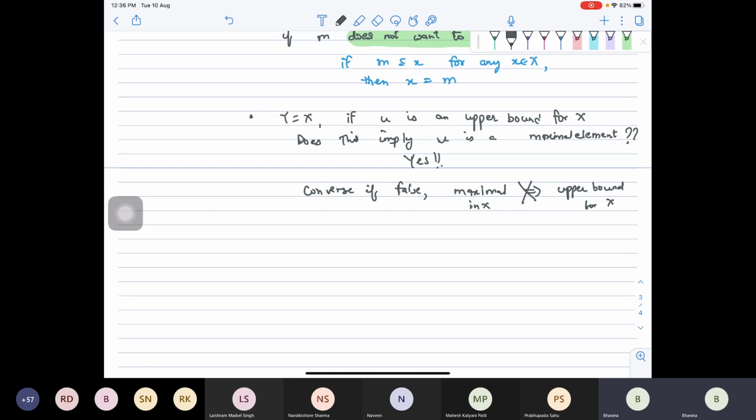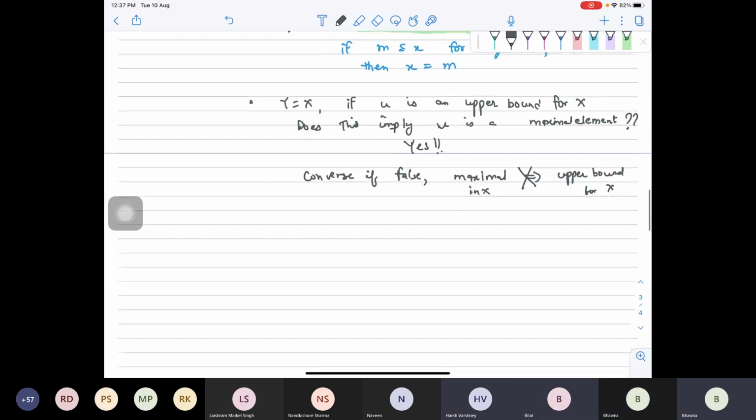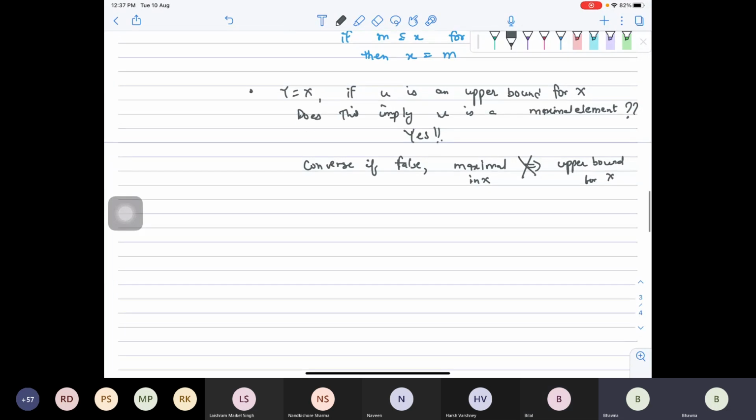Ma'am, if there is a unique maximal element, can we say that this is an upper bound? No, we cannot say this. Ma'am, there can be more than one maximal element. No, his query is about a unique maximal element. Ma'am, a unique maximal would become the greatest element, so why wouldn't it be an upper bound? Unique maximal element.